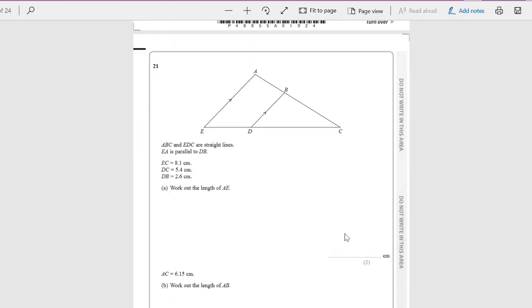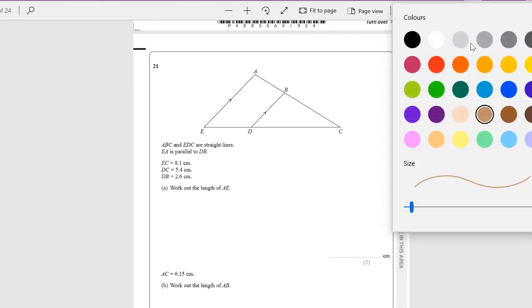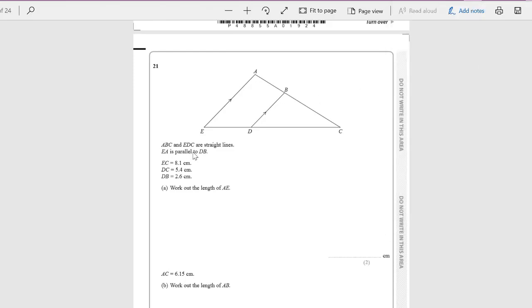Okay. So question 21. So again, we have one of these shape questions. So A, B, C, and E, D, C are straight lines. E, A, and D, B are parallel, and you can tell because of these arrowheads pointing in the same direction.